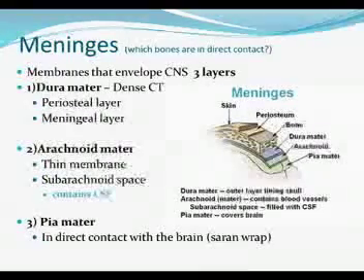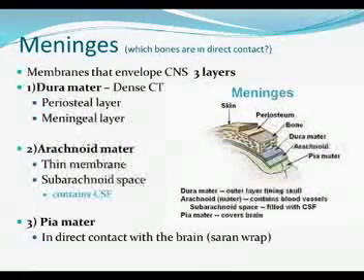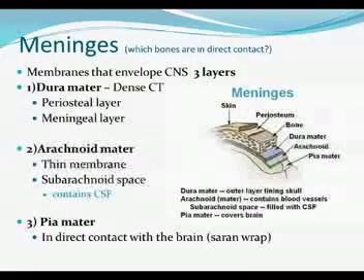And the arachnoid, as you might guess from that word, is very spidery or web-like in its structure. So that subarachnoid space in particular has this web-like structure that allows the CSF to pass through. CSF is cerebrospinal fluid, and we'll talk about that in the next couple of slides.